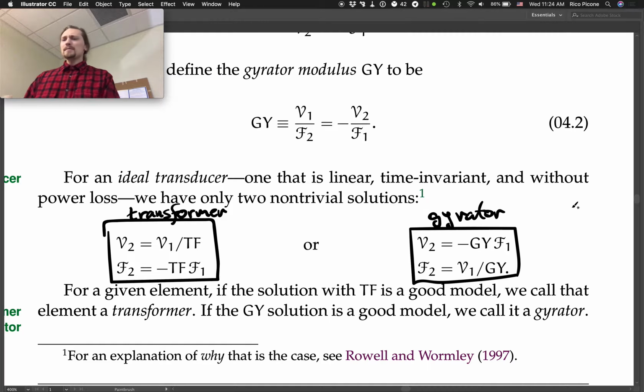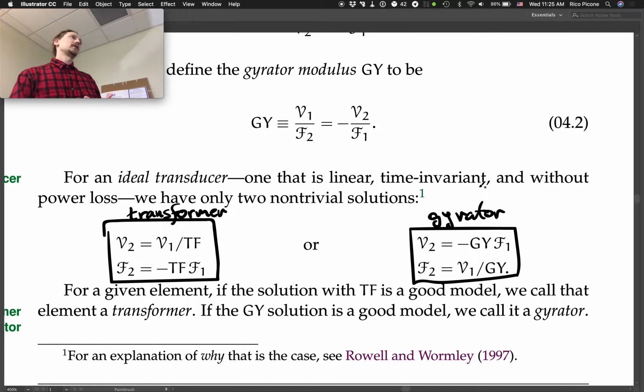So the gyrator is different because it relates across variable to through variable, and through variable to across variable. What we're saying is that one of these two models is going to make a lot more sense for your system. Either the transformer model will make sense for your transducer, or the gyrator will.